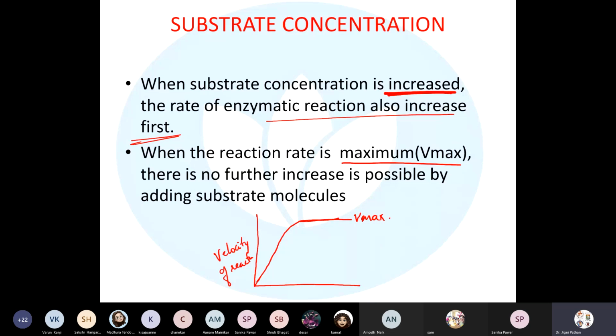When the substrate concentration is increased, the rate of enzymatic reaction also increases first. Initially, substrate is added, enzyme is added, and the rate of reaction keeps increasing. At a point, they reach the maximum velocity. After this point, if you keep adding substrate, don't expect it to increase further. There is no further increase. This is what it says. Write down this.